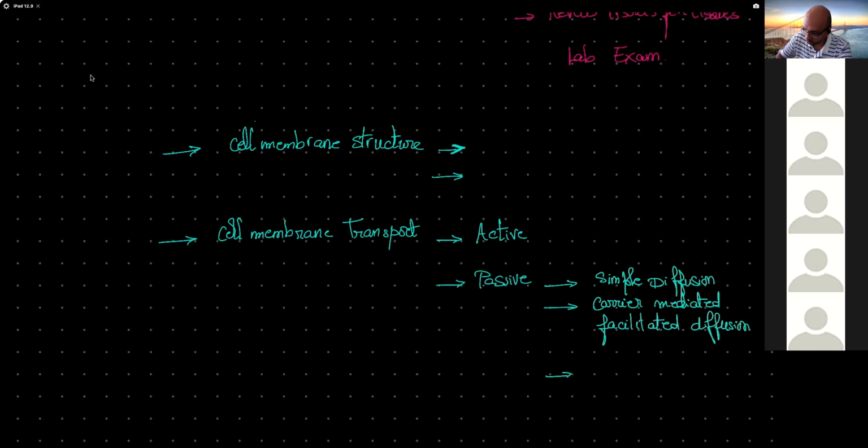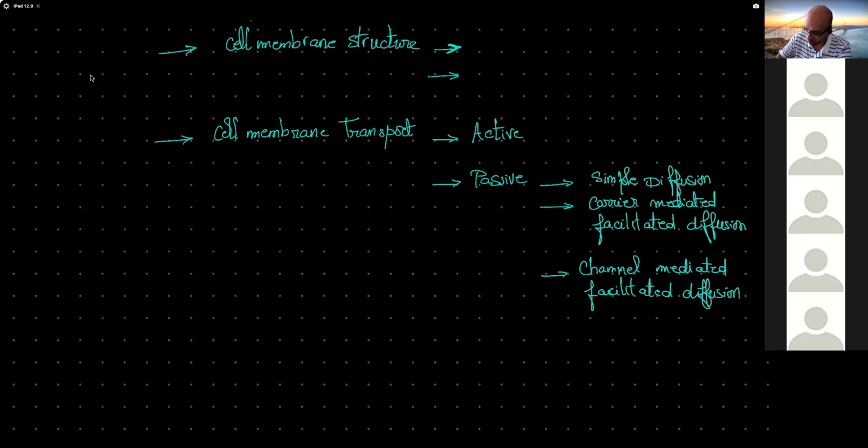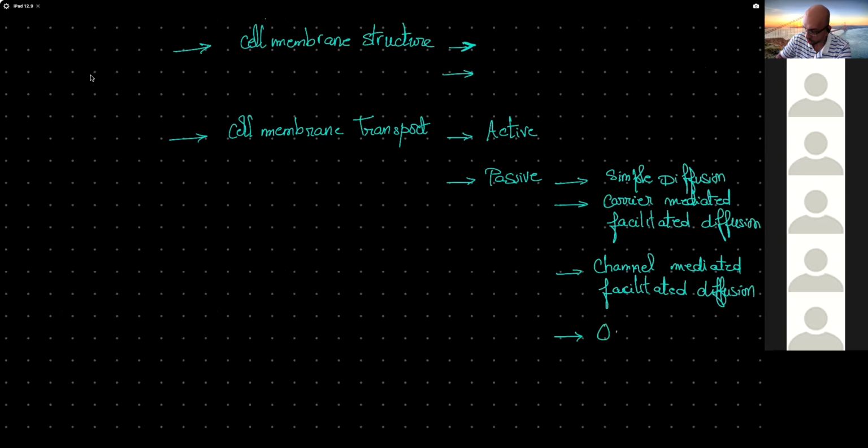Channel-mediated facilitated diffusion. As the last type of passive transport we've discussed was the osmosis.